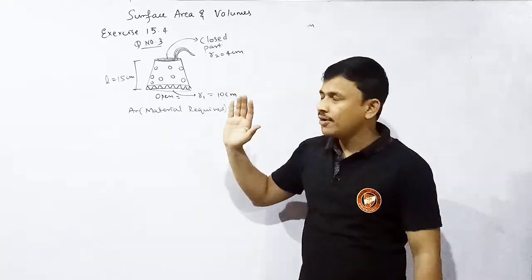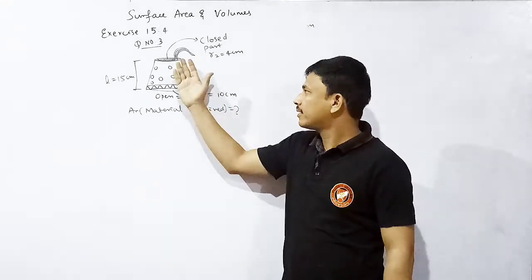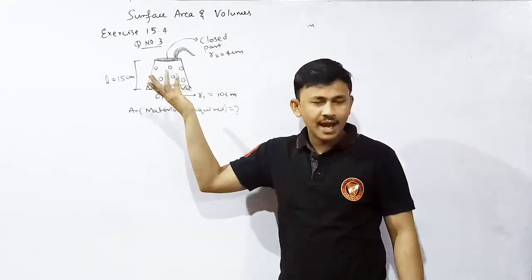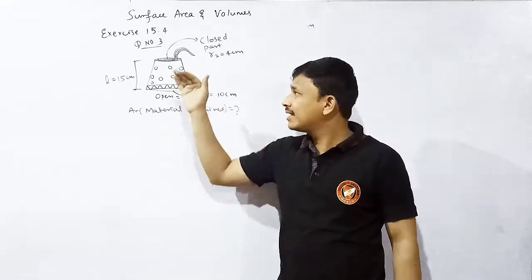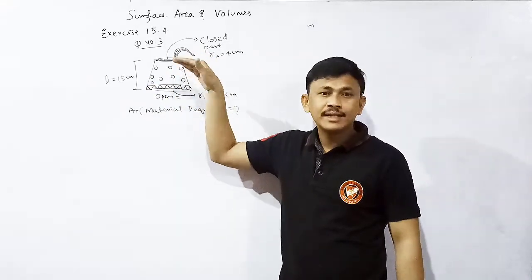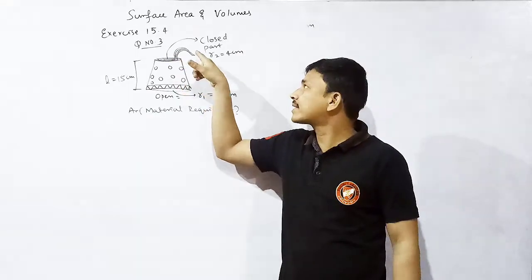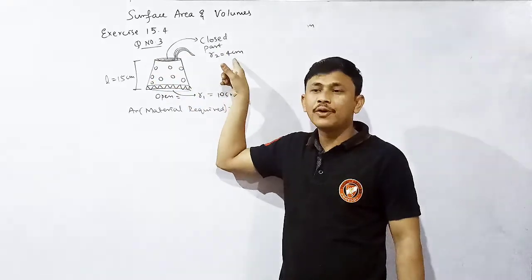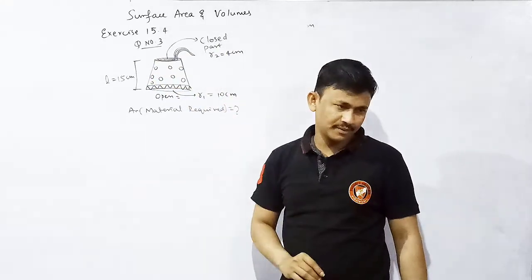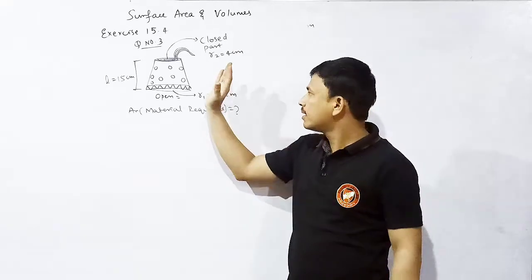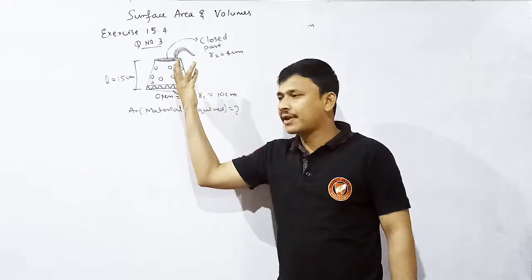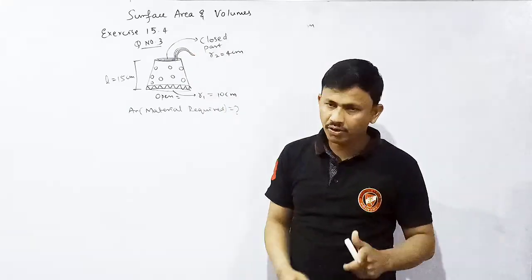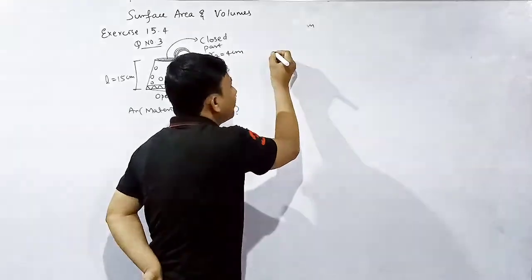For that, what all can we find? The curved surface area of the frustum of a cone, correct? The open end is not needed, and the closed end, that is the area of the upper circle or closed circle, which has radius 4 centimeter, we need to add. Understood?